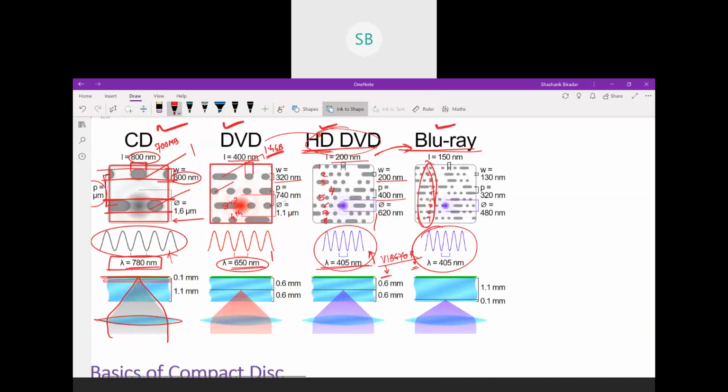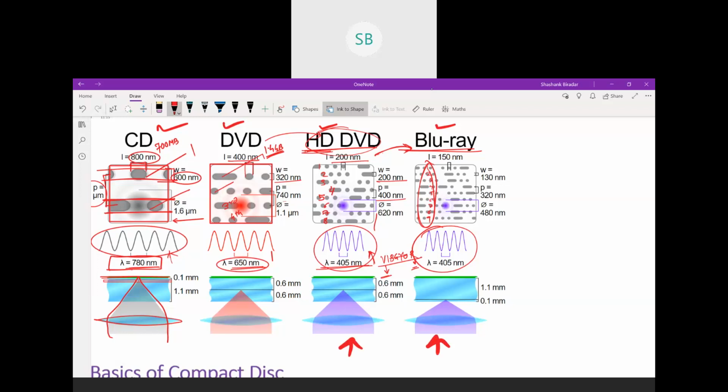The basic differentiation is what kind of optical source we use to read and write the data on the disk. Here we have an infrared, red laser, and for these two we are using a blue laser. Am I right? So this is the basic and fundamental differentiation.